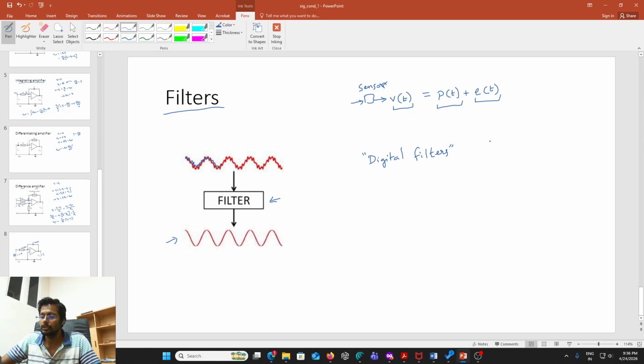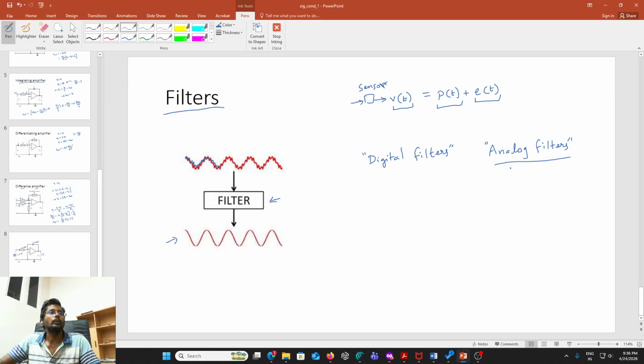And if we construct a filter using analog circuits, then we call that an analog filter. So we are going to discuss mainly these analog filters.